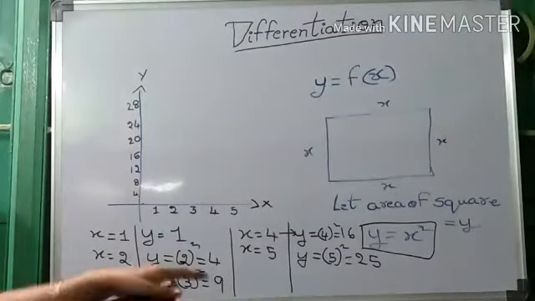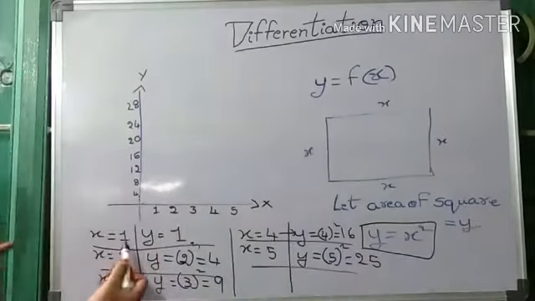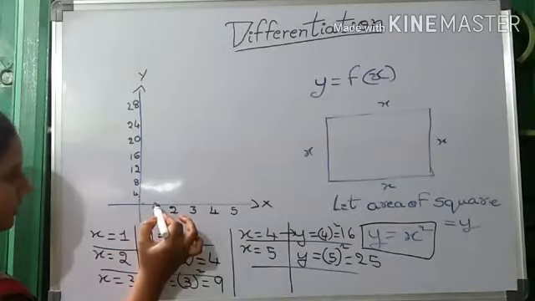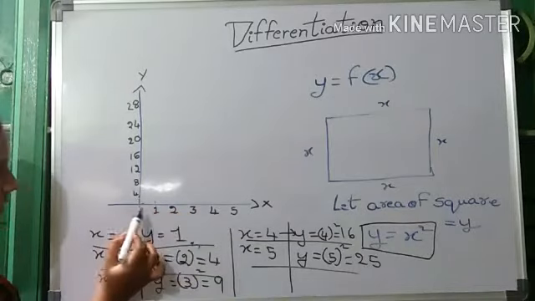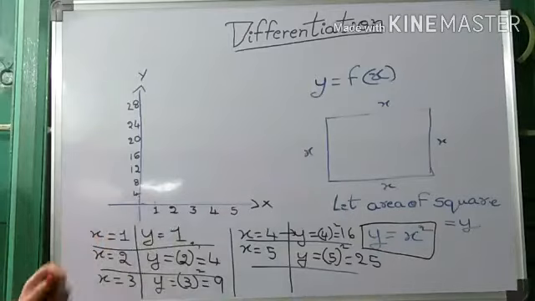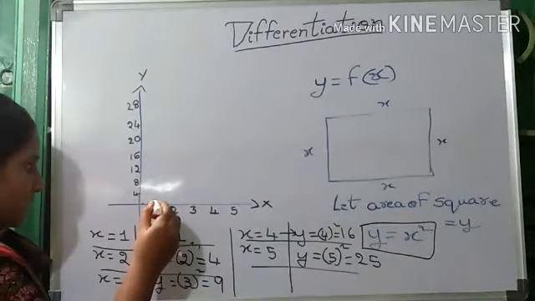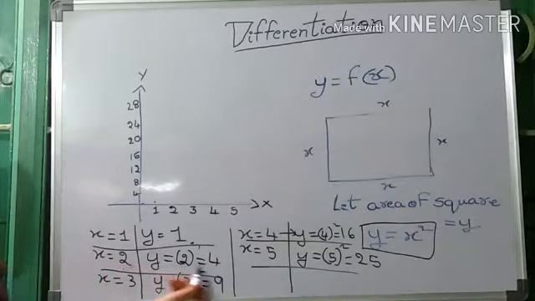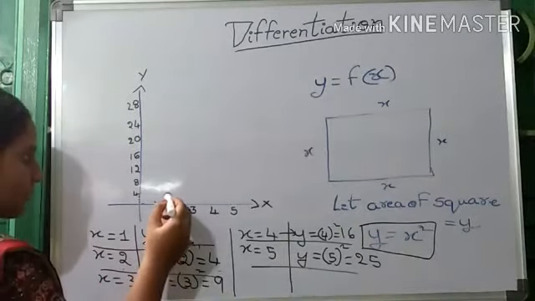Now let us plot these values in a graph. This is the x-axis and this is the y-axis. If x is equal to 1, then y is equal to 1. If x is equal to 2, then y is equal to 4.